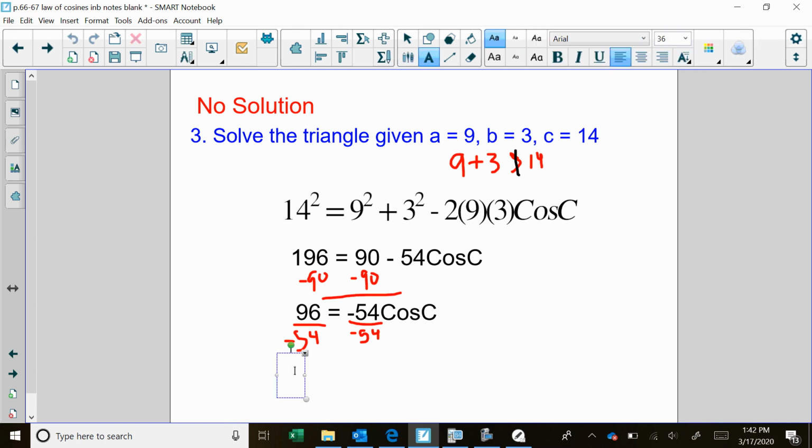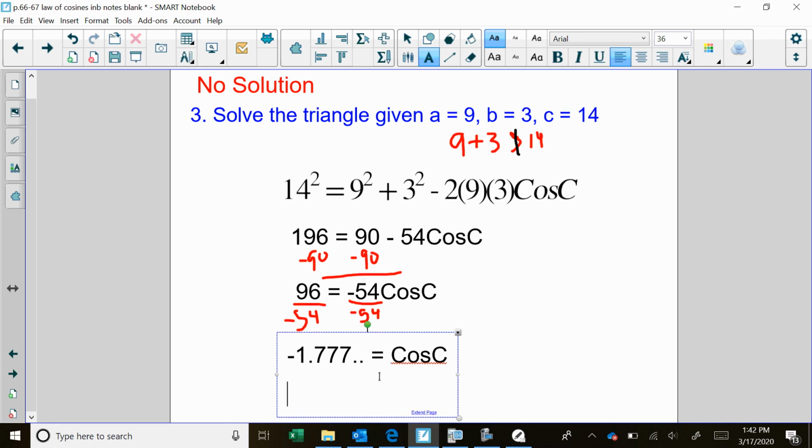So here you're going to get a number equal to cosine of C. And if you do the inverse cosine here, you'll get an error, because you can't take the inverse cosine of a number that's outside of negative 1 to positive 1. So here you would get an error message, and this would be a case where no triangle exists here.